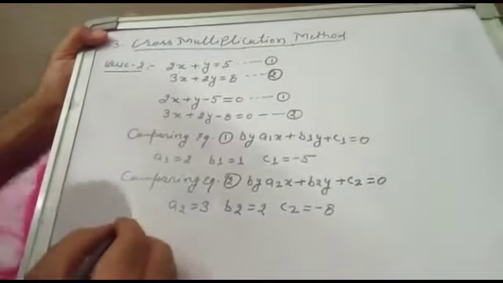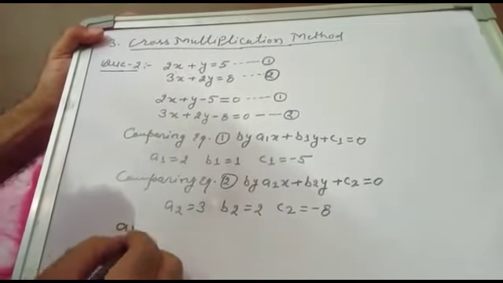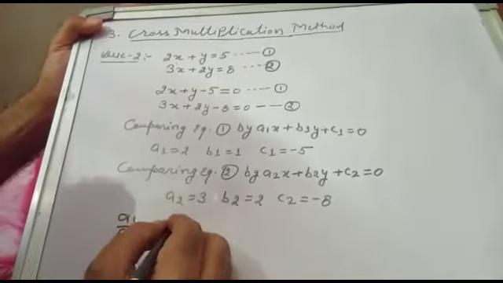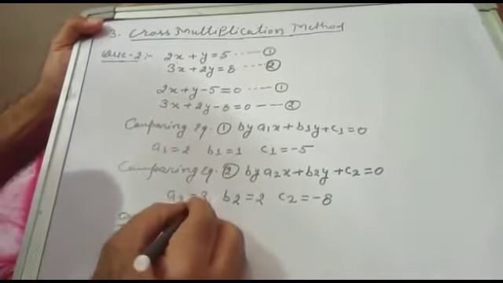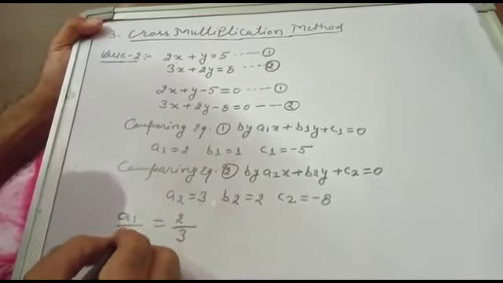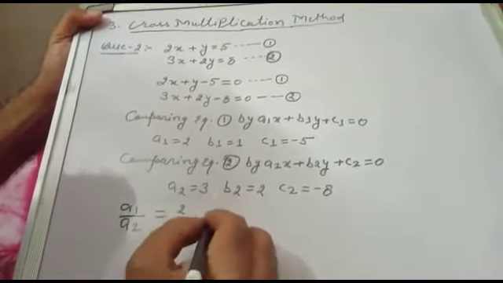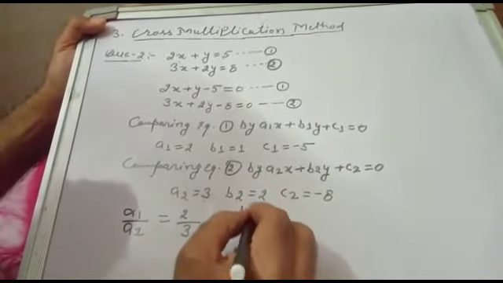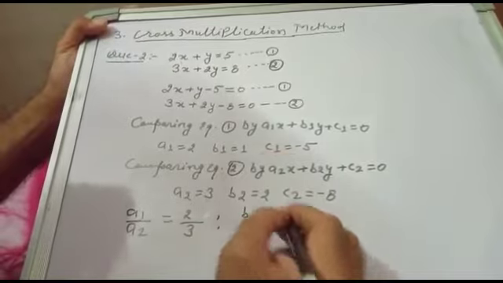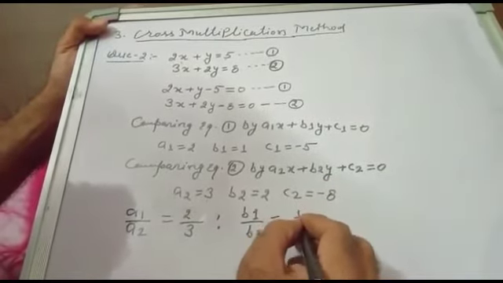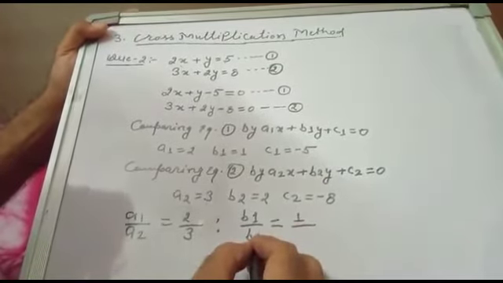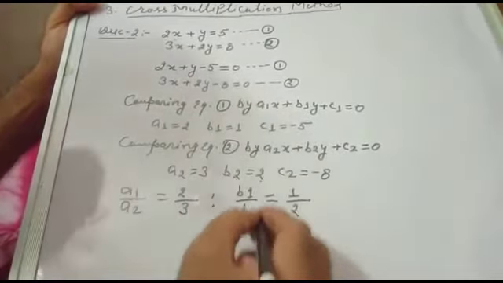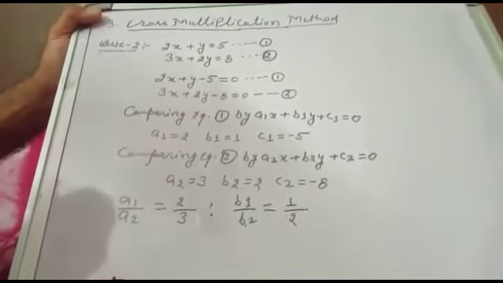Now a1 upon a2: the value of a1 is 2 and the value of a2 is 3, so a1 upon a2 equals 2 upon 3. Next, b1 upon b2: the value of b1 is 1 and the value of b2 is 2, so b1 upon b2 equals 1 upon 2.